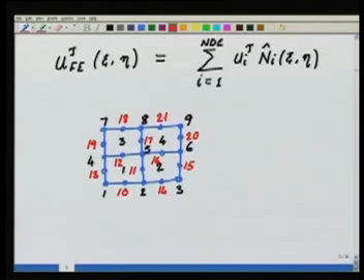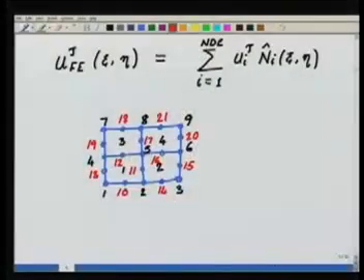So in my 4 element mesh I will have 21 unknowns when I use the serendipity quadratic shape functions.